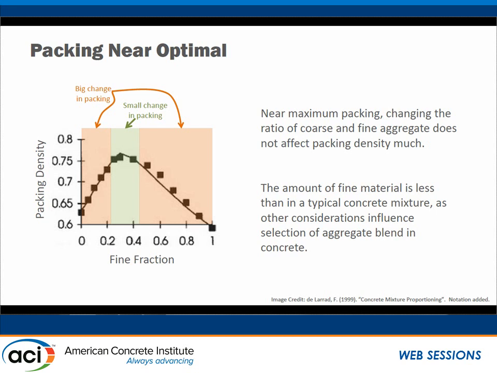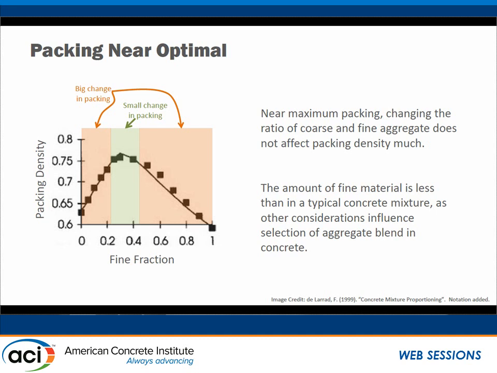So the two real takeaways from a graph like this, and this is one example, there's many others from Rheology's book and from other research in the literature, would tell us two things. One, packing doesn't vary much as we change our grading near the optimal, and the optimal tends to be a little coarser than what we would normally choose for a concrete mix.